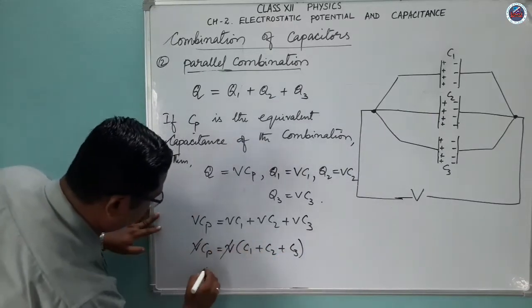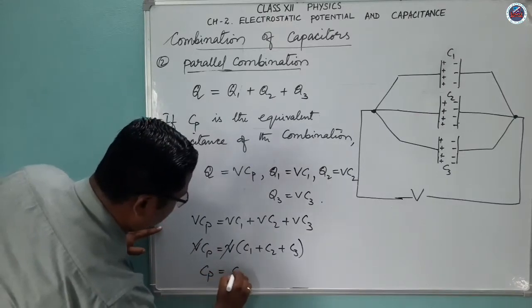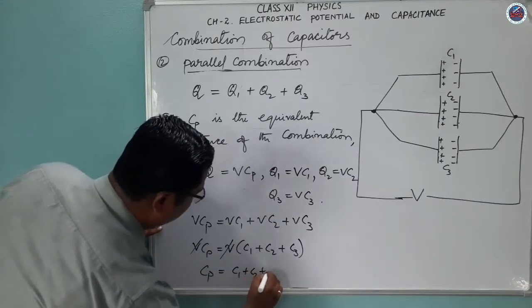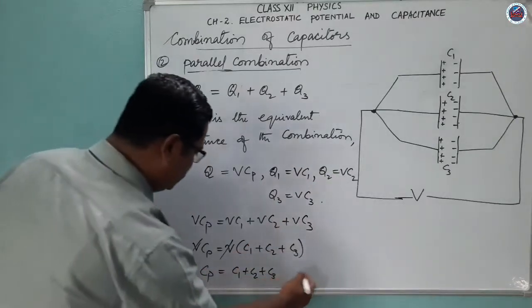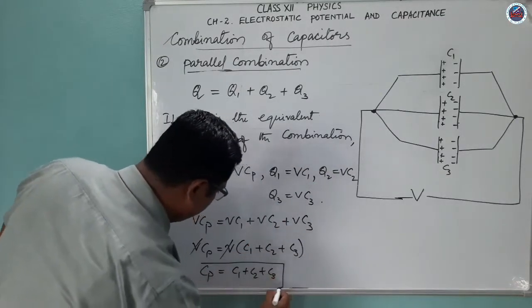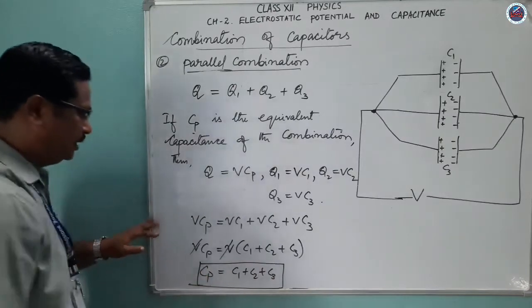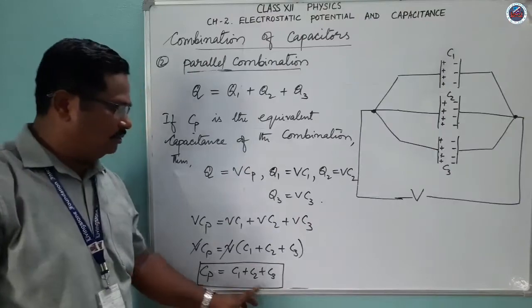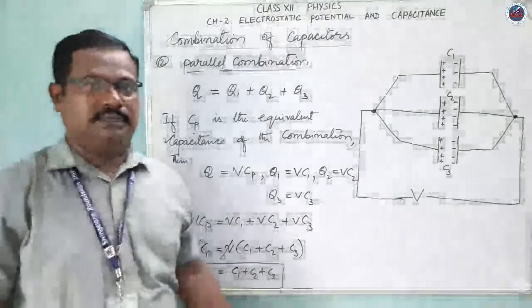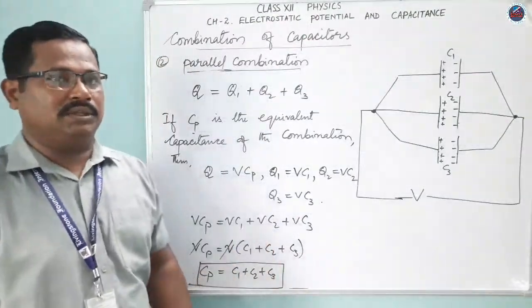V, if you cancel it out, Cp is equal to C1 plus C2 plus C3. If more than 3 capacitors, then C4, C5, C6 and so on it will go. So the equivalent capacitance in parallel, Cp, is equal to the sum of the individual capacitances, C1 plus C2 plus C3 and so on.